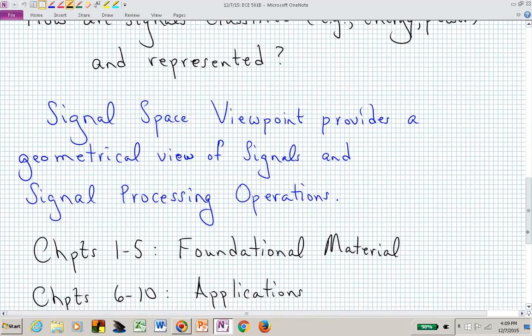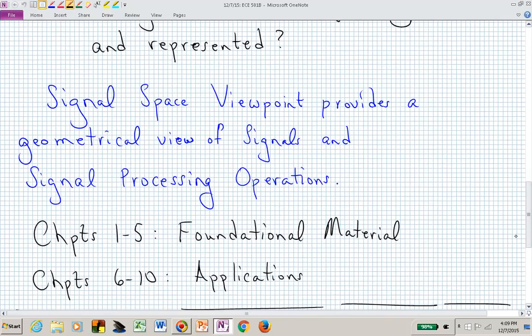And this signal space notion from Franks, or this signal space viewpoint, allows us to start thinking about signals geometrically.